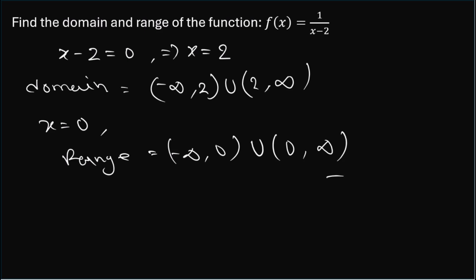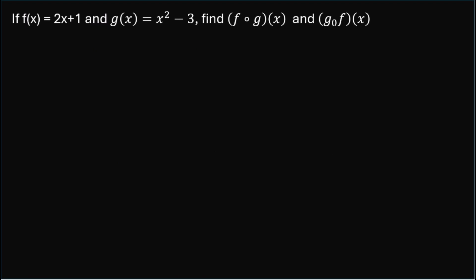So now our next problem: if f of x equal 2x plus 1 and g of x equal x power 2 minus 3, find fog of x and gof of x. Here fog means f of g of x, and gof means g of f of x.